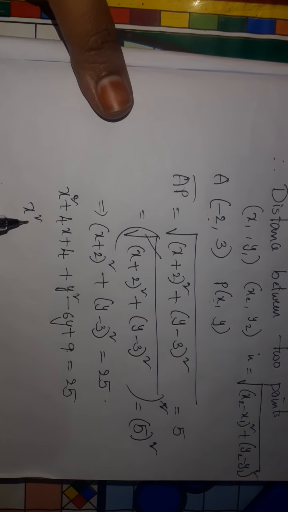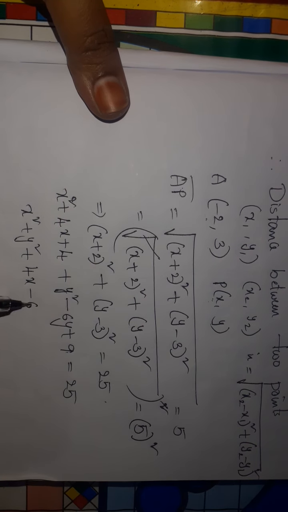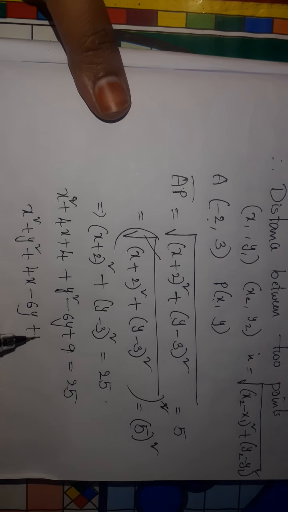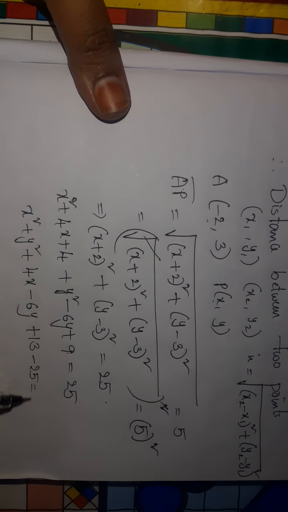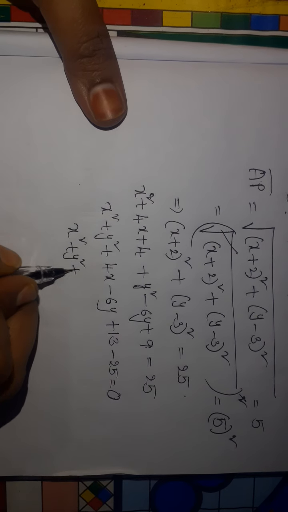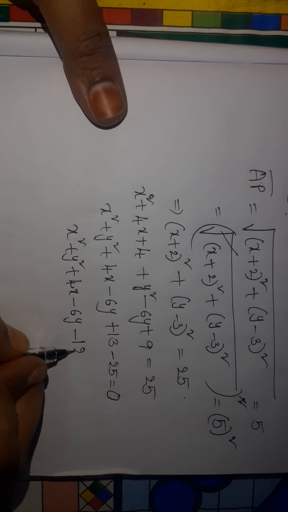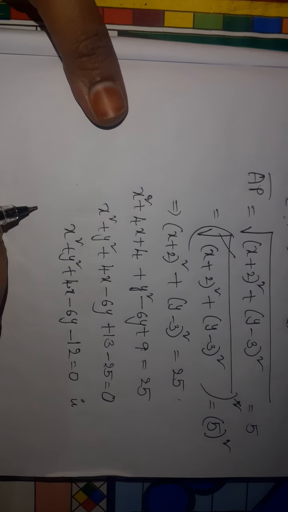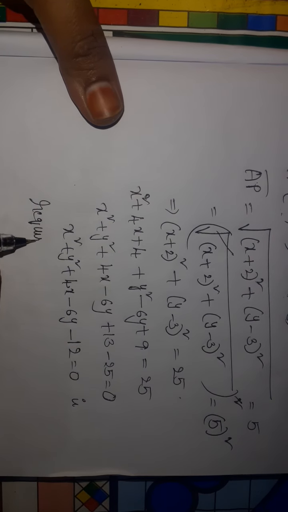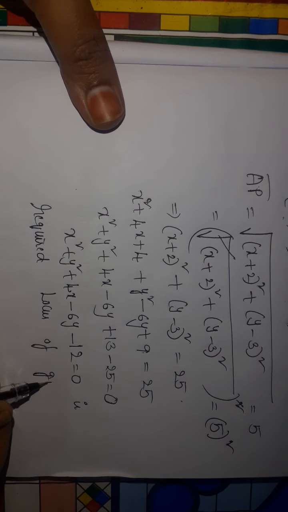So x square plus y square, plus 4x, minus 6y, plus 13 minus 25 is equal to 0. x square plus y square plus 4x minus 6y minus 12 is equal to 0 is the required locus of the given point.